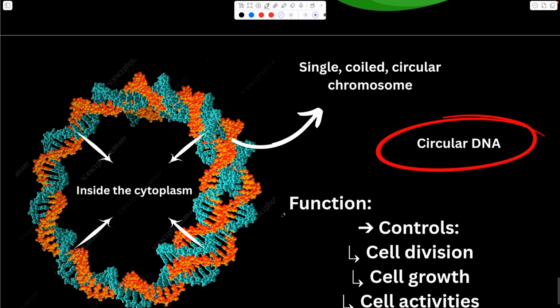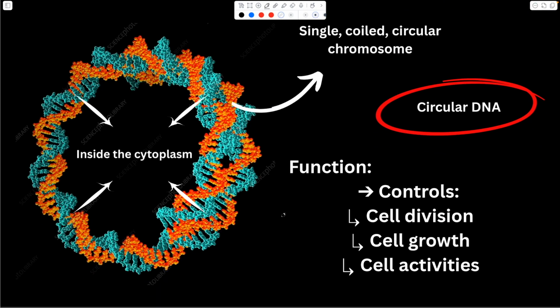Now let's look at our final structure, which is circular DNA, where the genetic material is exposed. It is a structure that is found in bacterial cells.